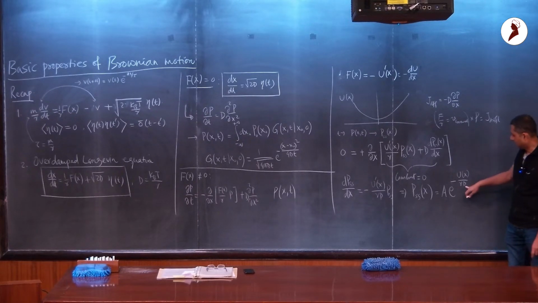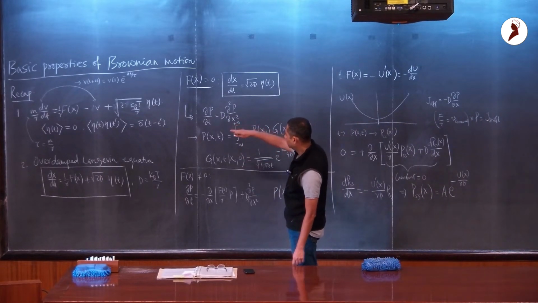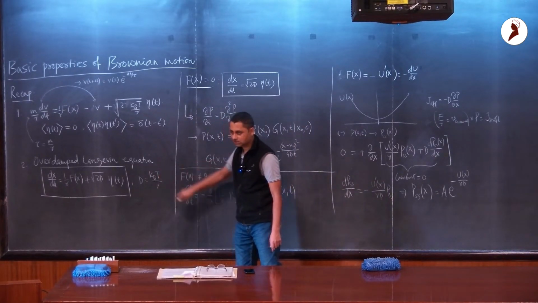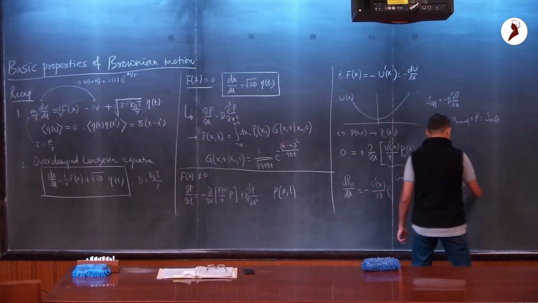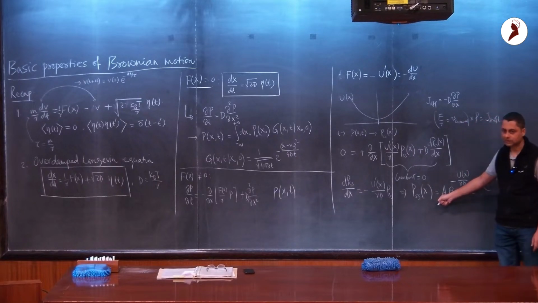And gamma times D is the same as, somewhere I have written, kBT, right? So this is equal to exponential of minus U of x by kBT. And what is this constant?